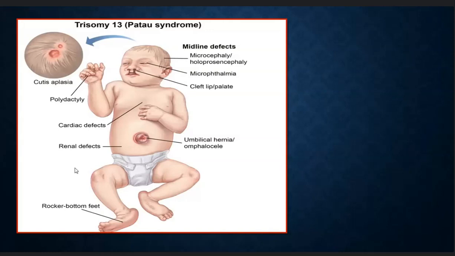An increase in maternal age also plays a role as a risk factor because of non-disjunction, which is the mode of affection in this trisomy.